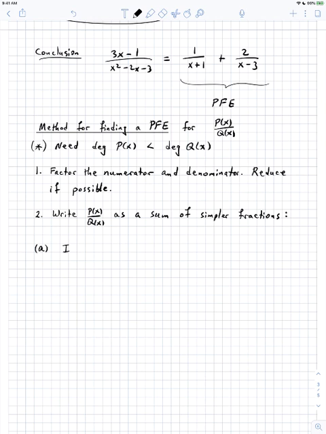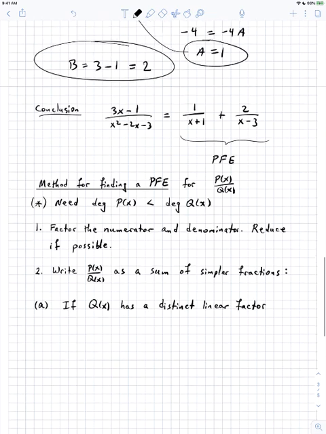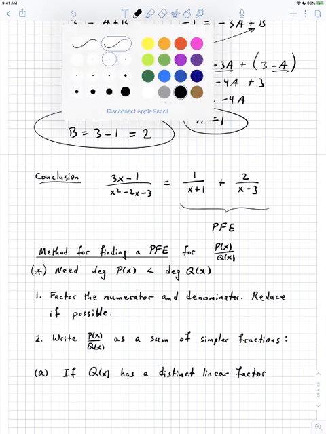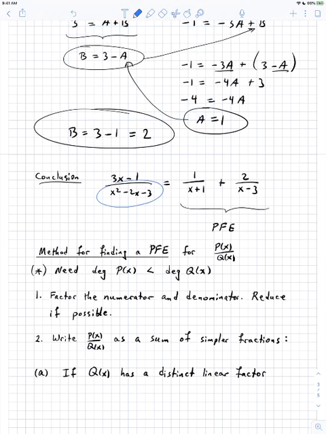So if the denominator q(x) has a distinct linear factor, so by distinct we mean that there's only one. So if we look in our example here, if we factor that, we get these two terms, right?